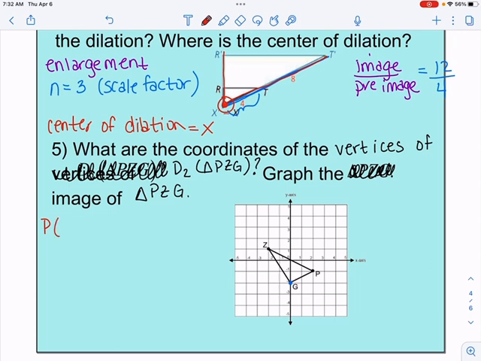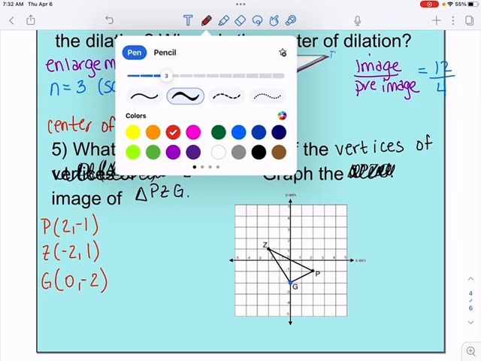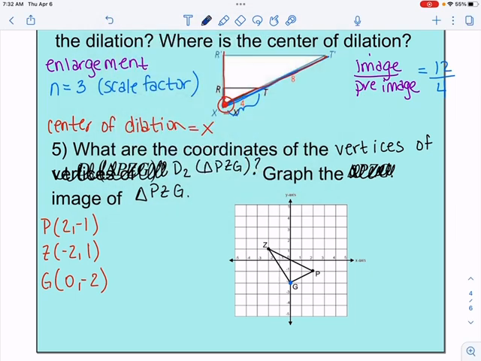So all I'm going to do is look at the graph and I'm going to figure out what each of those coordinates are as an ordered pair. The point P is the point 2, -1. Z is the point -2, +1. And the point G is the point 0, -2. So there's the ordered pairs of the triangle that you're looking at right now.